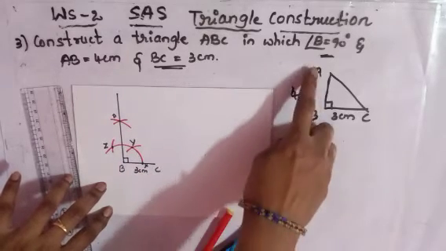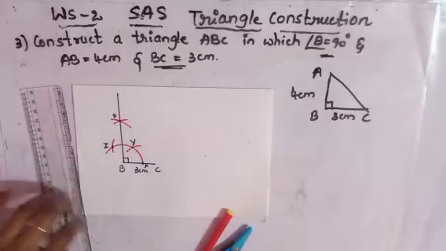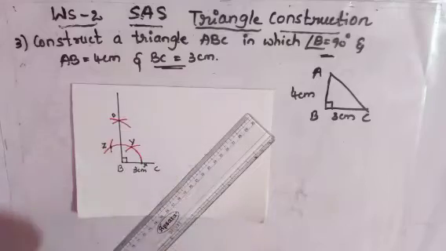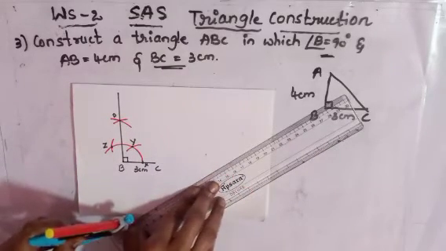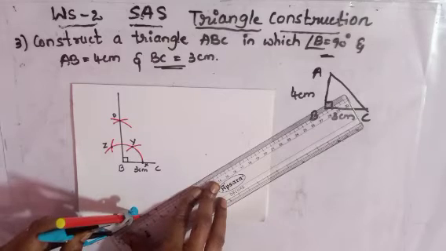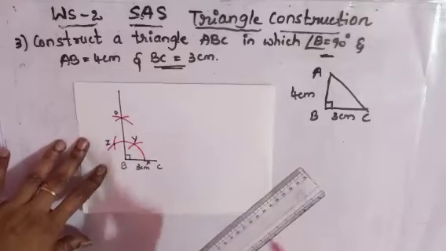Now see here, AB is 4 centimeters. Take the compass and take the measure of 4 centimeters. Now this measures 4 centimeters.